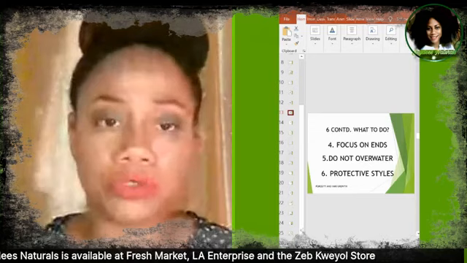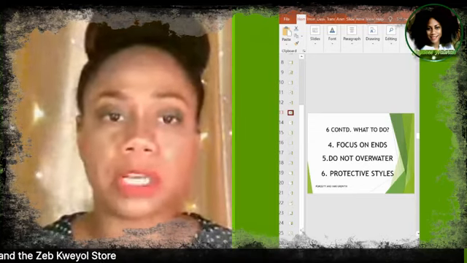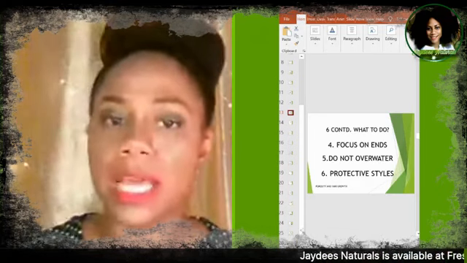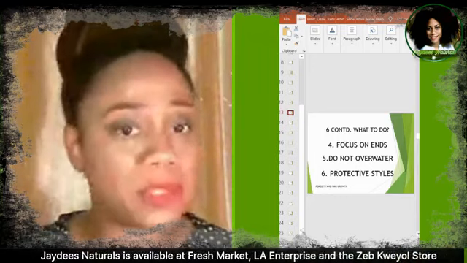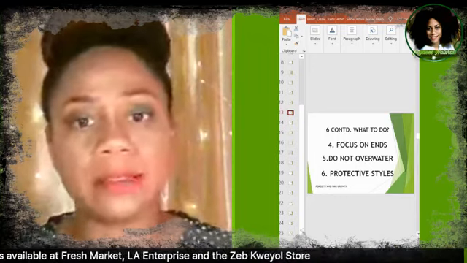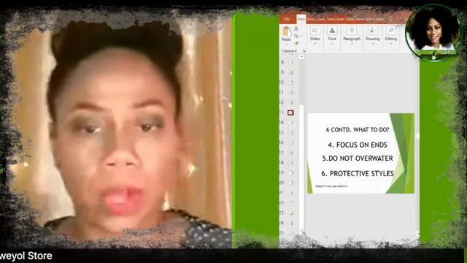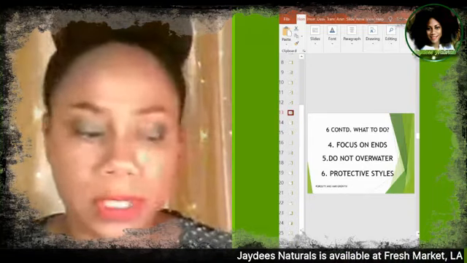You can do a protein treatment, but ensure that the protein you have, and whatever products you use to do your protein treatment, has hydrolyzed protein. That is protein that is soluble in water. So whenever the hair absorbs water, it absorbs the protein with it, and that works better for low porosity hair types. So ensure that it is hydrolyzed protein for those with low porosity hair.